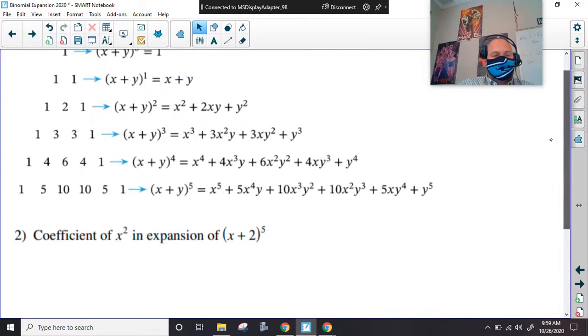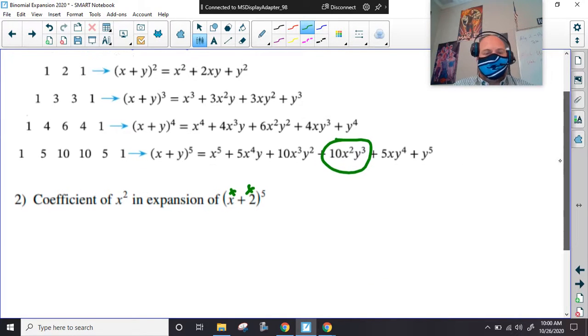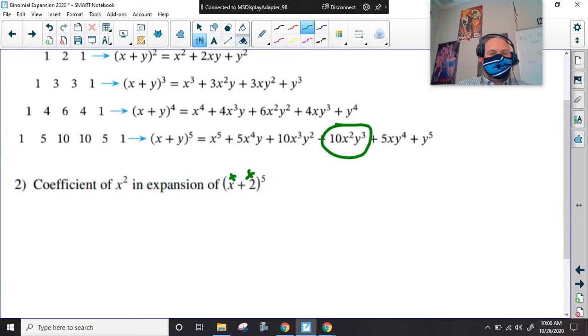So this one, it says the coefficient of the x squared term. All right. So this one, this is our x, this is our y. So we're actually looking for the x squared term in the fifth row. So it's going to be this one right here. Okay. I know that looks like x and x, doesn't it? There we go.